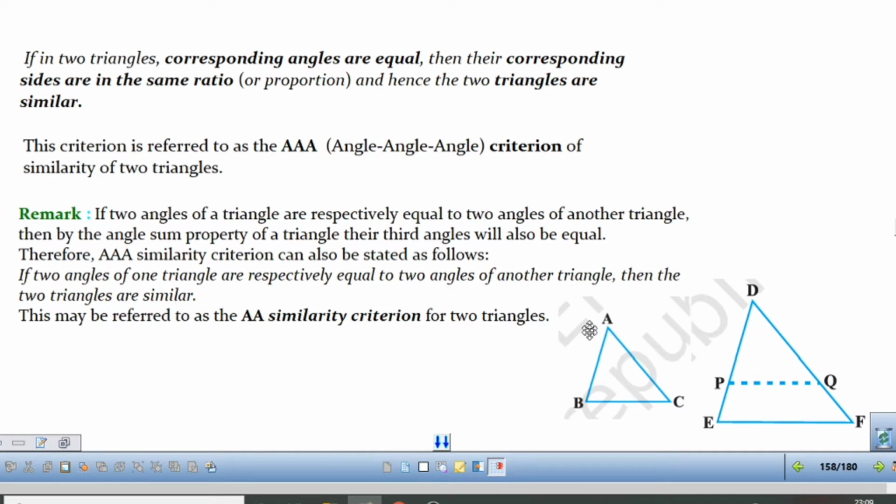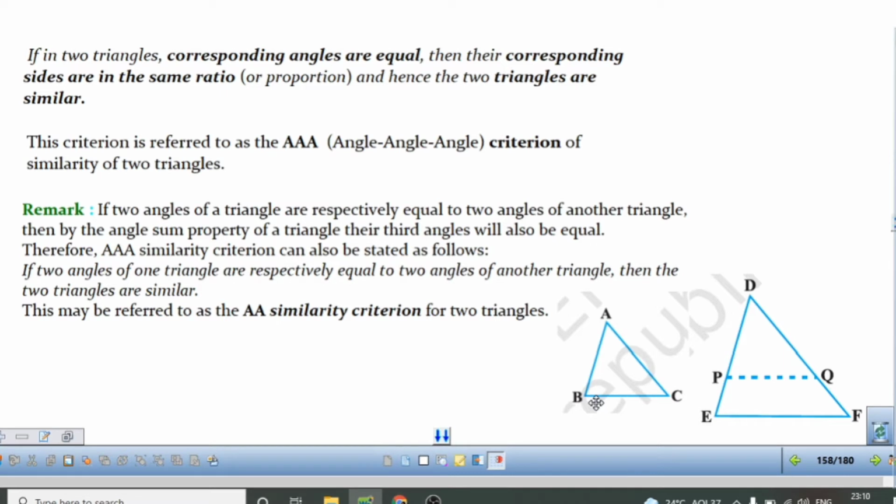And obviously their corresponding sides should also be in the same ratio. This criteria is referred to as the triple A, that means angle criteria of similarity of two triangles.